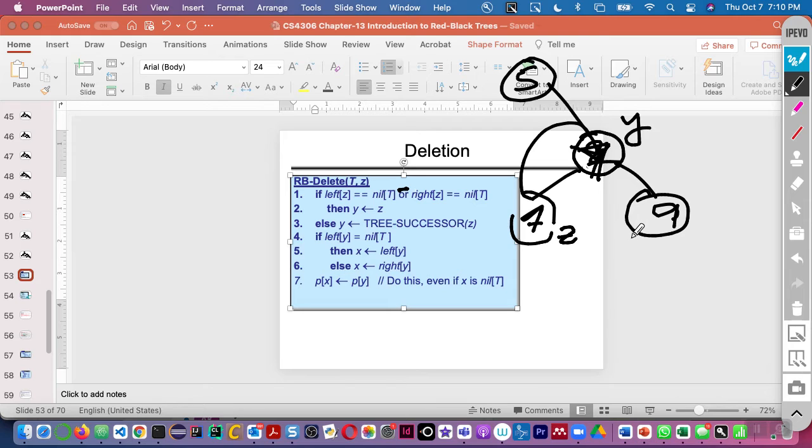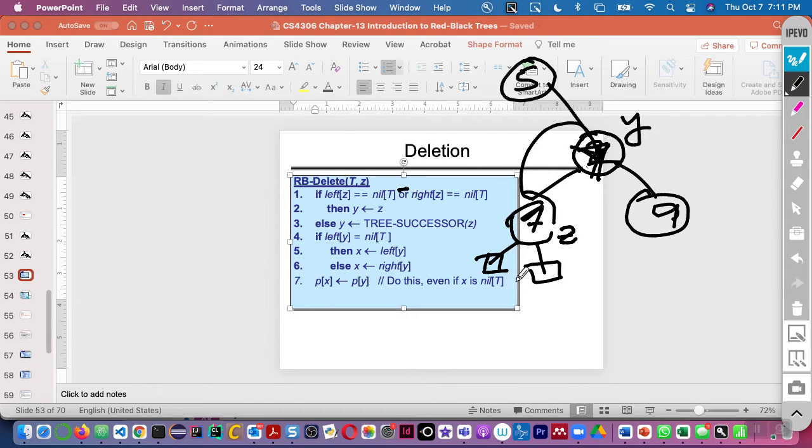Actually, what it says, no, I don't like this algorithm. Actually, what it should mean is that if this is nil level, is it nil?